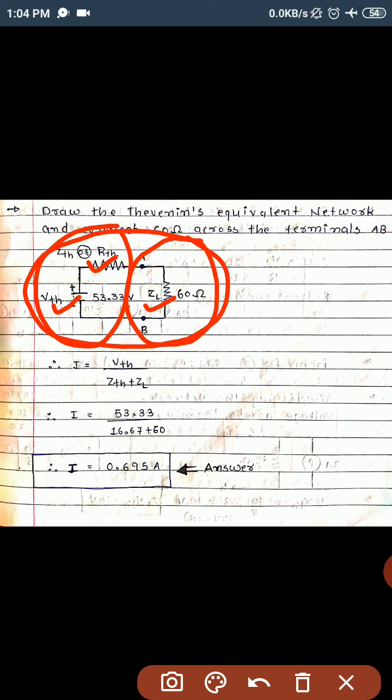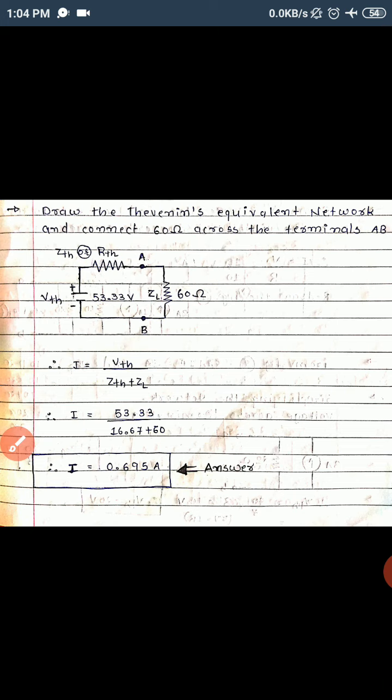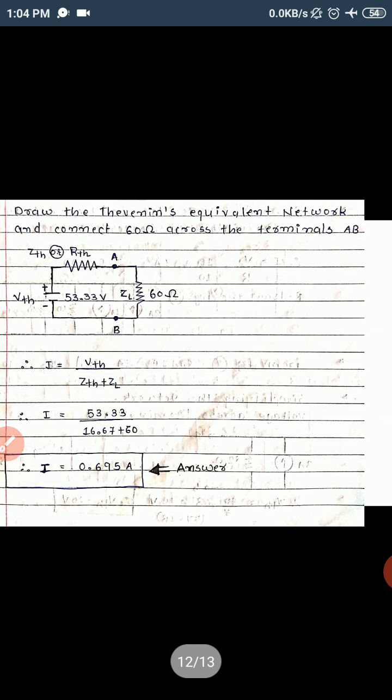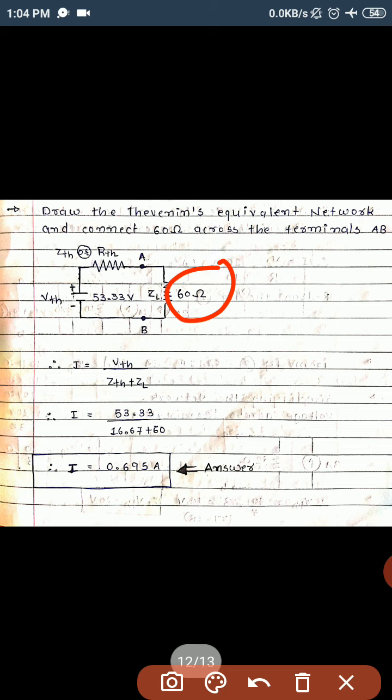The equation is I equals VTH upon ZTH plus ZL, where VTH is 53.33 divided by 16.67 plus ZL, which is 60 ohm. So the value of I we get is 0.695 ampere.